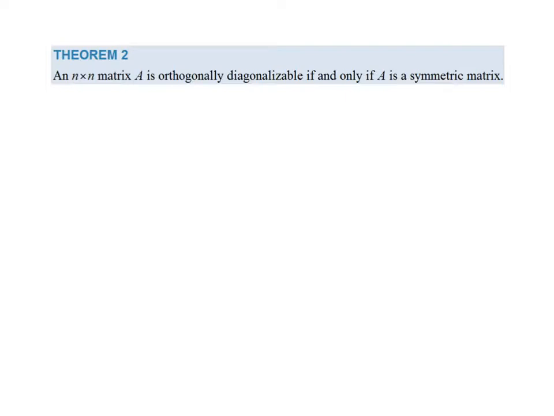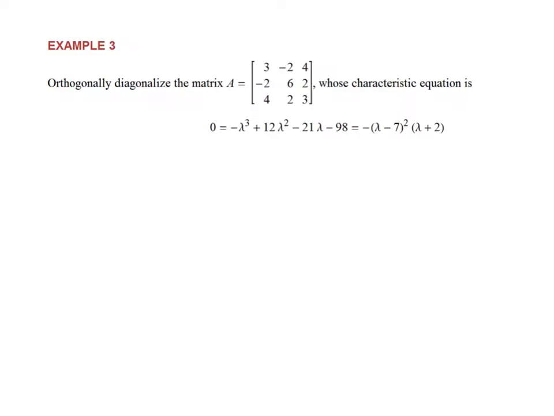This theorem tells me that if my matrix is symmetric, which I can tell really quickly by looking at it, I know it's diagonalizable, and not only that, it's orthogonally diagonalizable. So that's a pretty significant theorem.